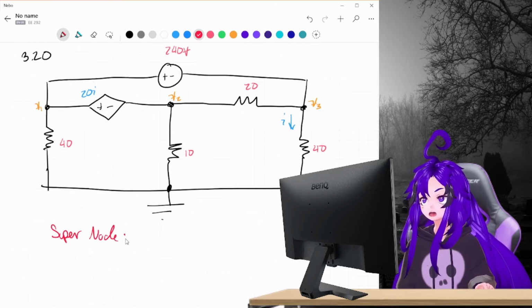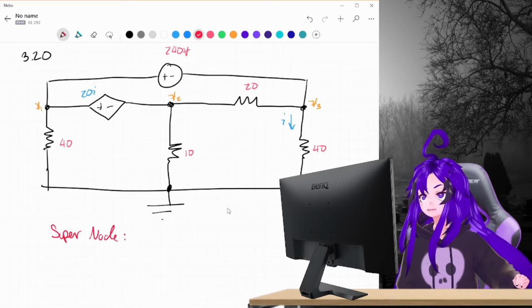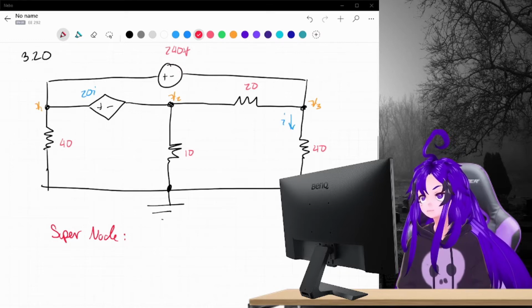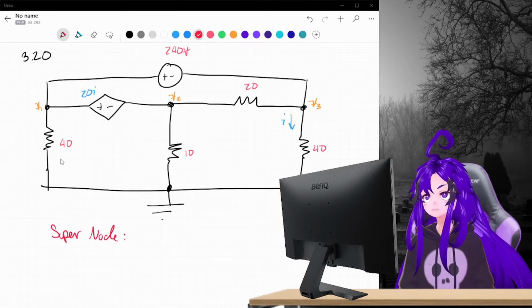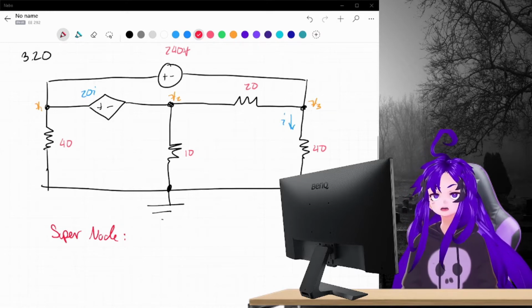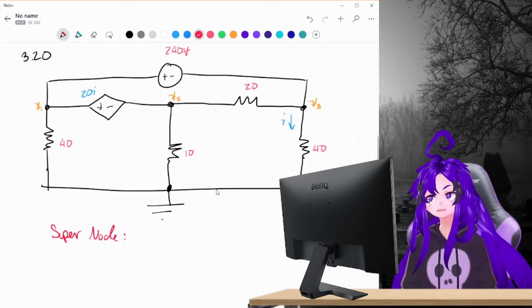A supernode is when a voltage source is connected between two non-reference nodes with any element connected in parallel with it.